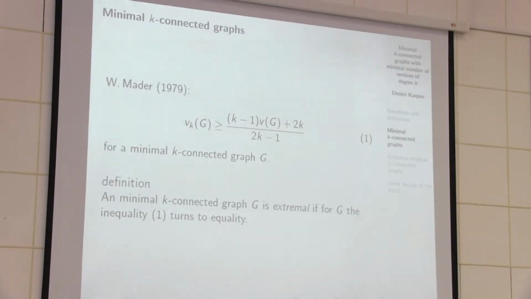It generalized the results of Plummer and Dirac. It's valid for any k. If we substitute k by 2 here, the result will be rather simple. But many of us, not only me and Butler, are interested in the precise constants. And this bound is tight.